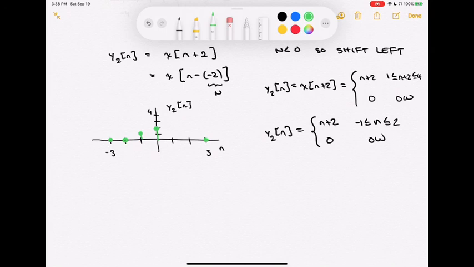Put in 1. I'm going to get 1 plus 2. That is going to be 3, just using my definition over there. And then go to the last point. So when n is 2, I'm going to get 2 plus 2 is going to be 4. And I get again exactly what I would have expected from a shift operation. I had a little ramp function that was ramping bigger as you went to the right, right?